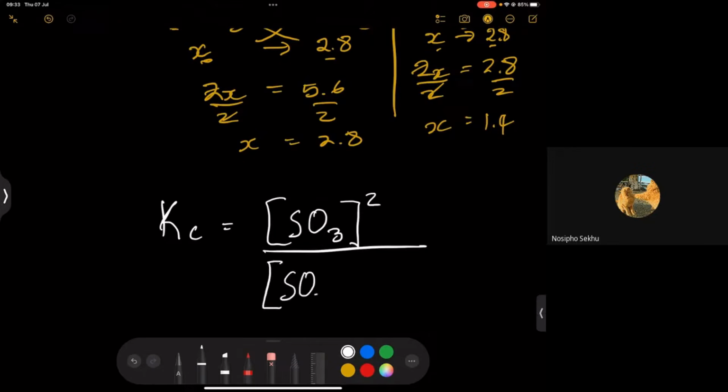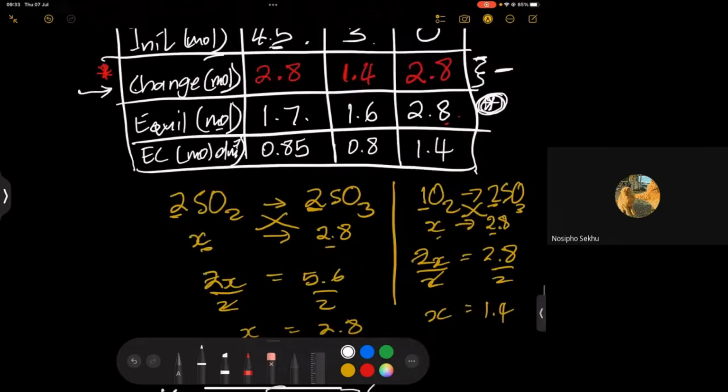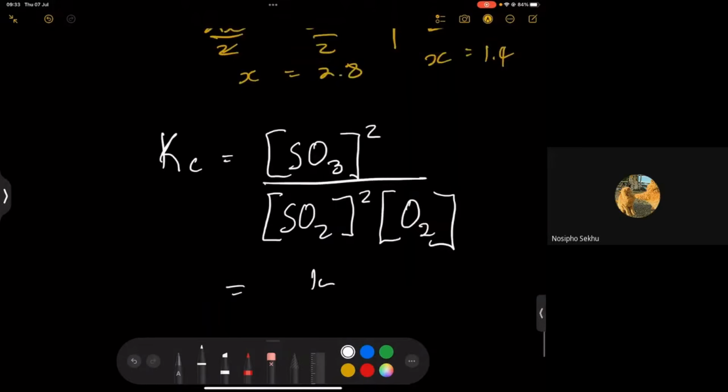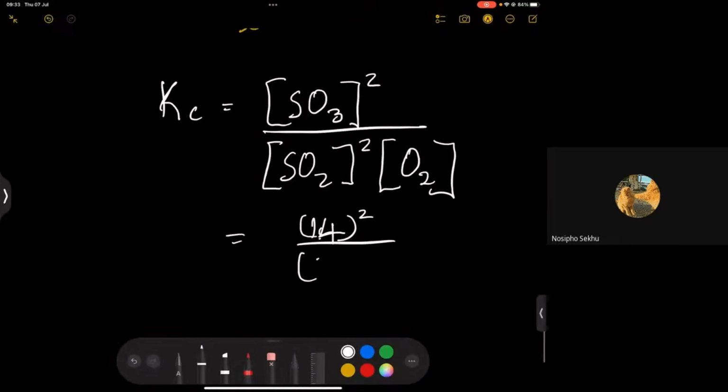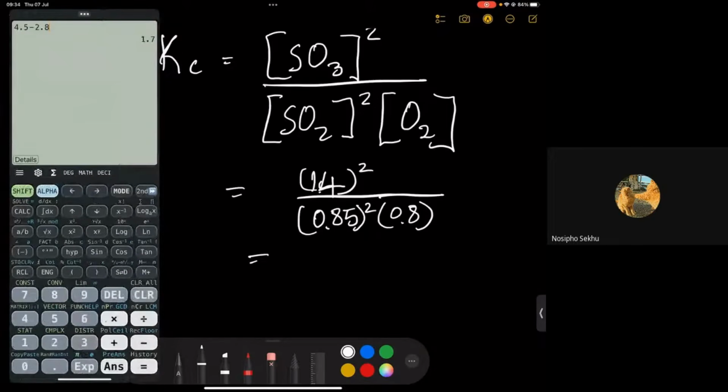That's SO2 squared multiplied by oxygen. All that's needed for us is to take the values at the end. So that's going to be 1.4 squared divided by 0.85 squared times 0.8, and that is where we're going to now calculate.